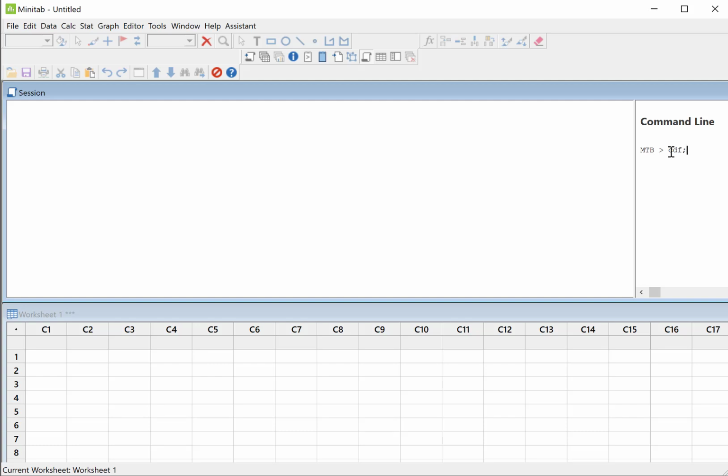I need to tell it that I'm in the binomial. So when I hit enter, after I've typed in the semicolon, I'll go into a Minitab subcommand, where I'm now going to tell it that I want to get the CDF of a binomial. So I write binomial, and I give the parameters of n, which was 15, and p, which is 0.37.